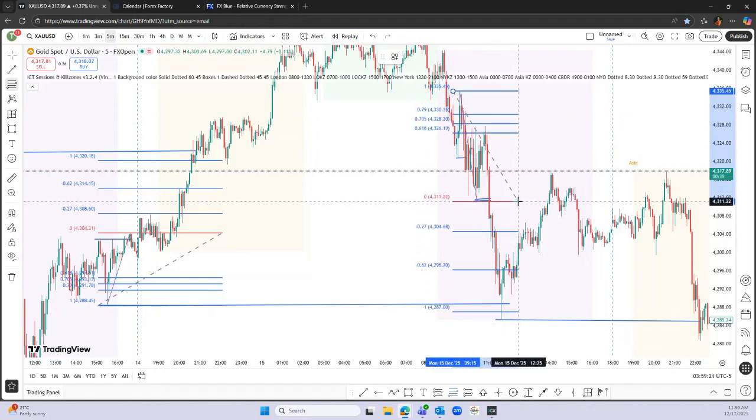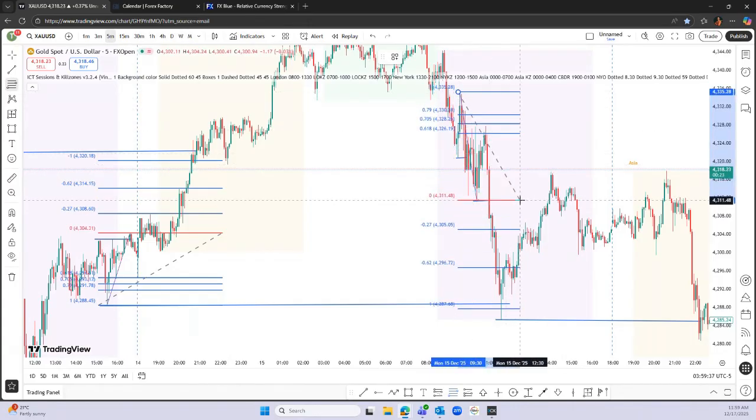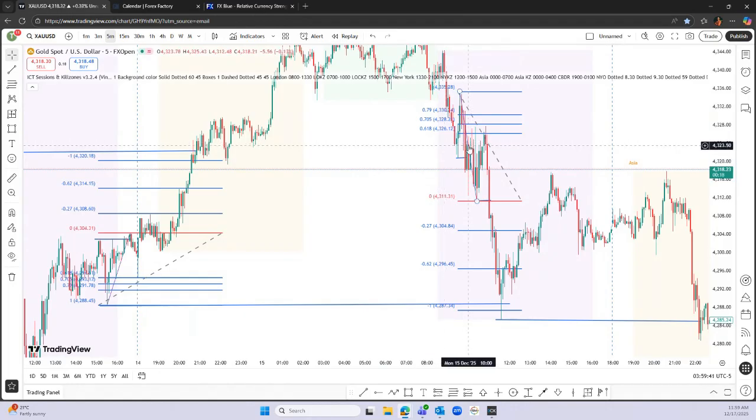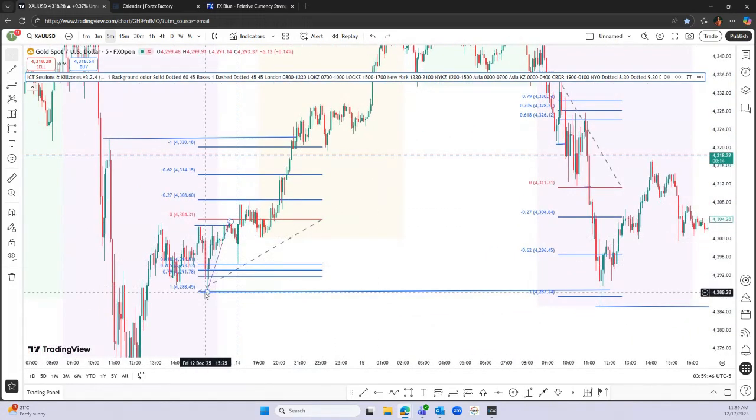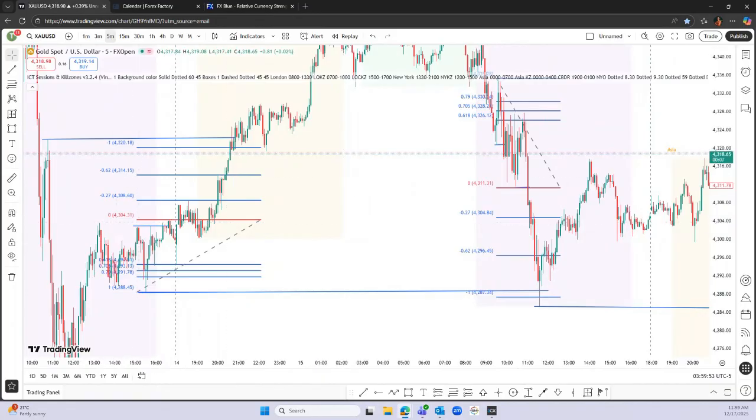Because this is a bearish trend, you mark from the high to the low. For a bullish trend, we are marking from swing low to the swing high, because this is the leg that we identified here. Believe you're all together up to that point.